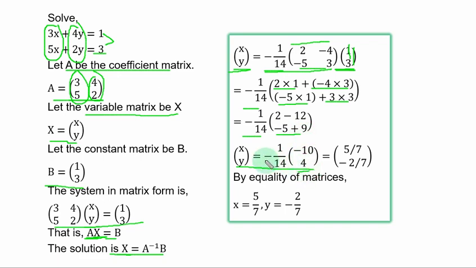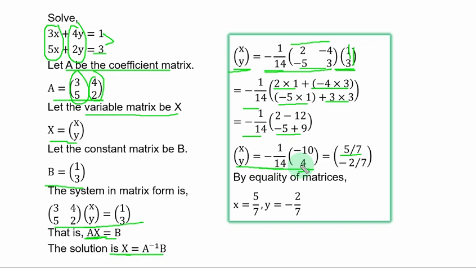Next, you have minus 1 over 14 times minus 10. That is 10 over 14, which reduces to 5 over 7. And you have the same coefficient, minus 1 over 14 times 4.